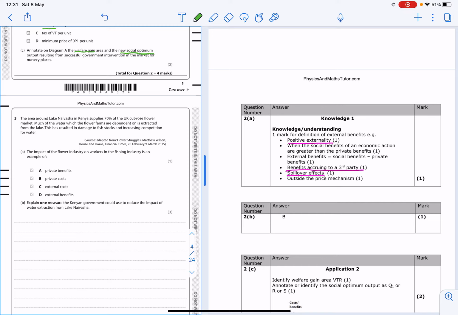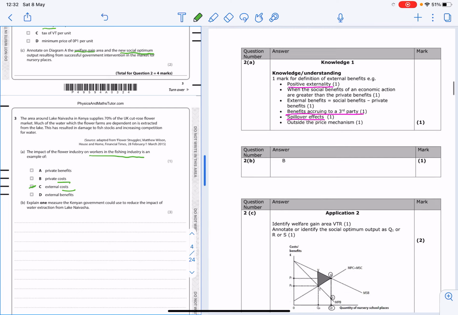So the question is saying the impact of the flower industry on workers in the fishing industry. So what that means is the fishing industry are suffering because they've not got as much water. So that tells you it's going to be a cost. So that's narrowed it down. Now, the impact of the flower industry on the fishing industry, well, that's going to be an external cost because the fishing industry is external to the people making the decision, i.e. the flower industry.